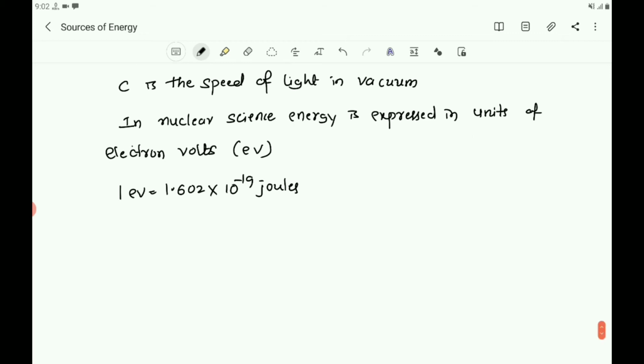So 1 AMU equals 931 MeV. That is, 1 atomic mass unit equals 931 mega electron volts, where MeV means mega electron volt.